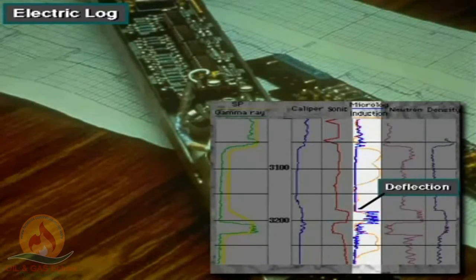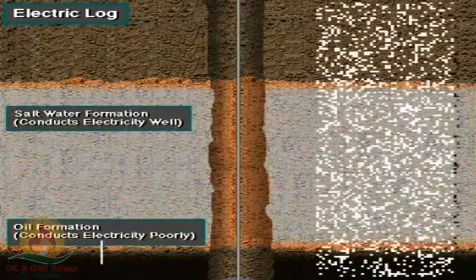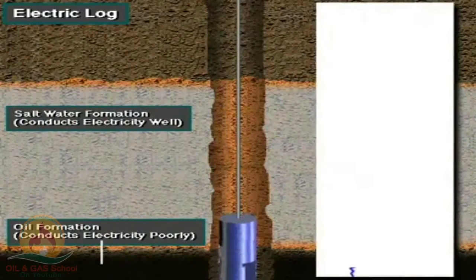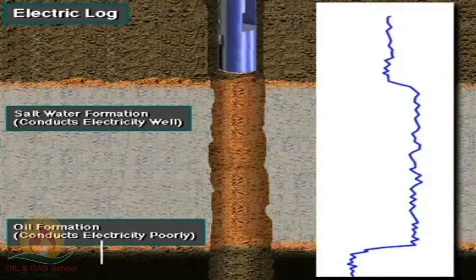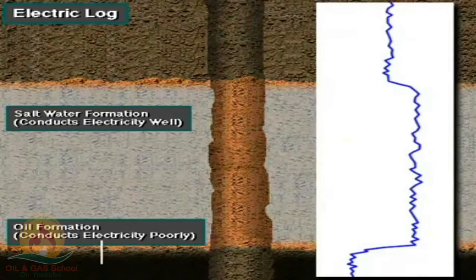This is called deflection. A person familiar with these curves can look at the way they deflect and learn a lot about the formations. A basic premise of the simplest electric logs is that salt water conducts electricity considerably better than oil. Thus, a formation containing oil deflects the log's curve differently from a formation containing salt water.